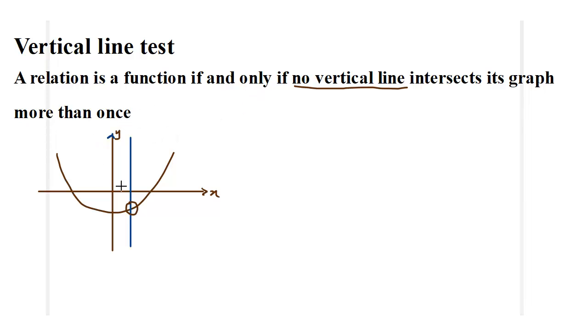So what will be our conclusion? Our conclusion is that this is a function. Why? Because this vertical line does not intersect this particular curve more than once. It doesn't intersect it twice.